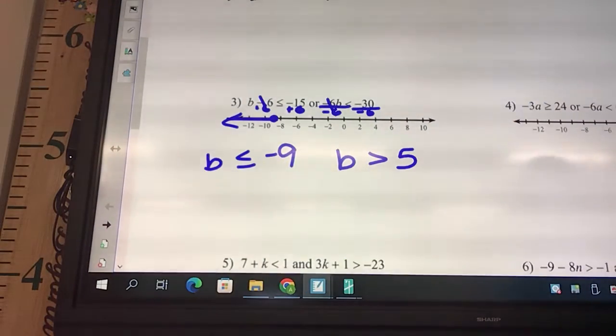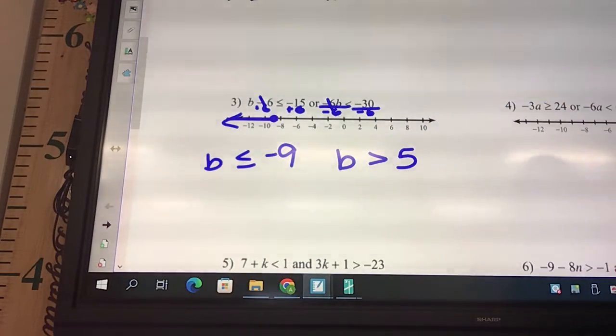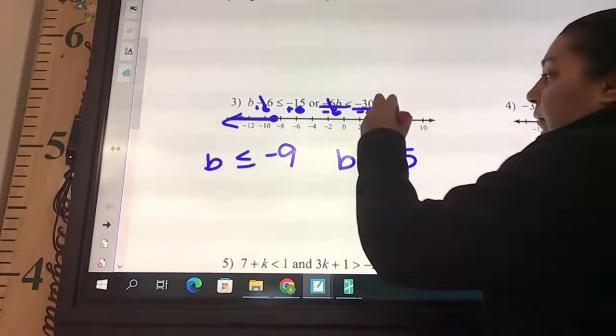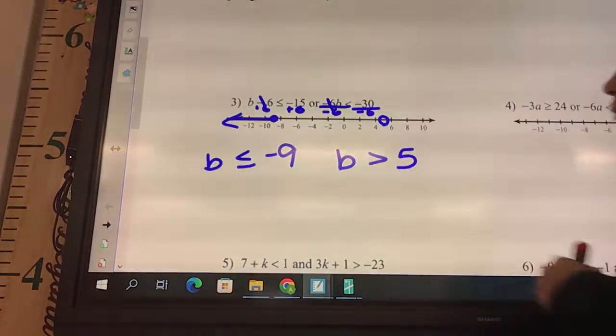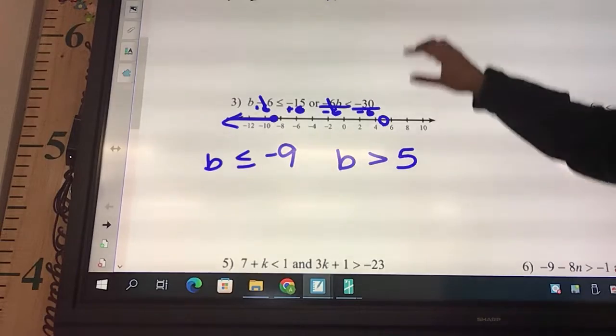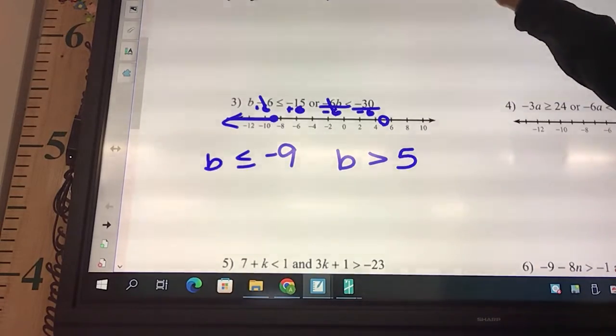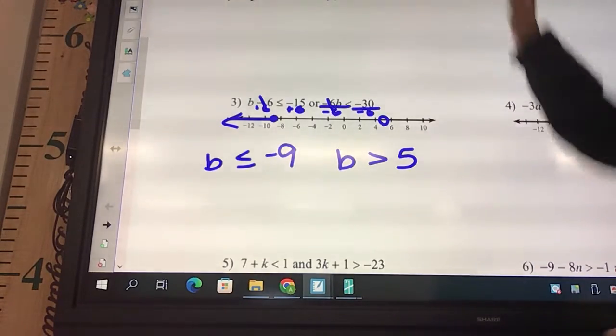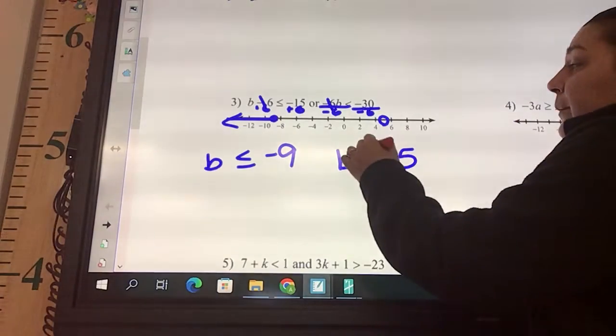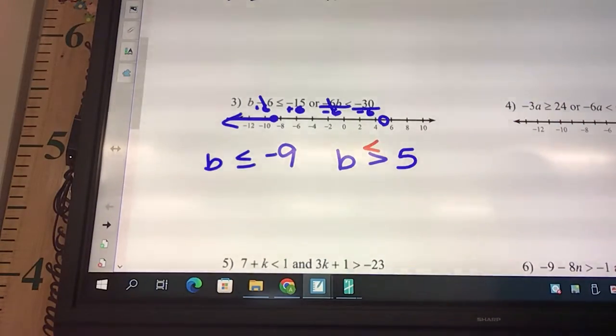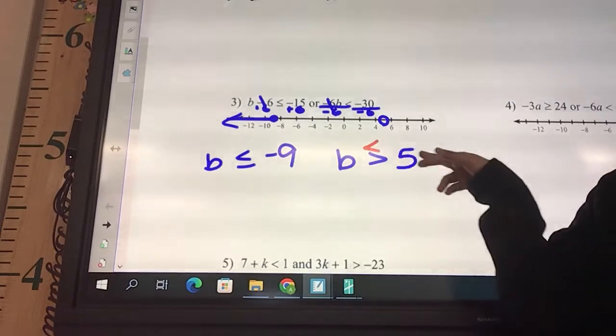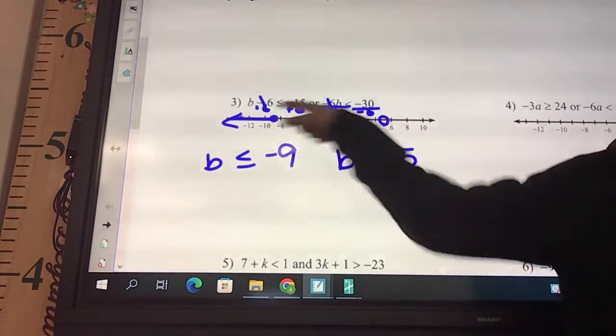Okay, on the 5, open or closed? It's going to be open. Okay, now, I'm just doing this for giggles. If we forgot to flip, that means our sign would be pointed this way, the one that's red. That says b is less than 5, which means it would be pointed that way, okay?